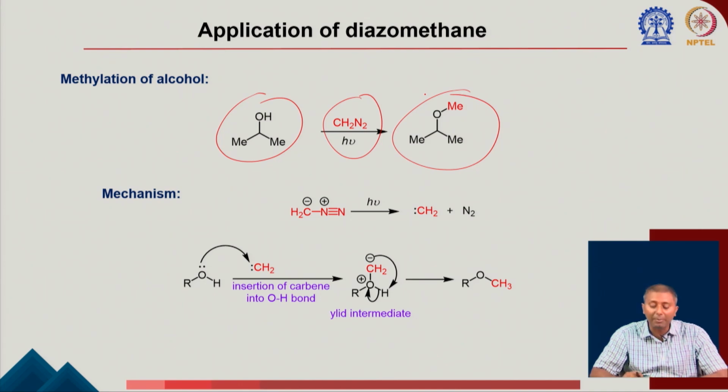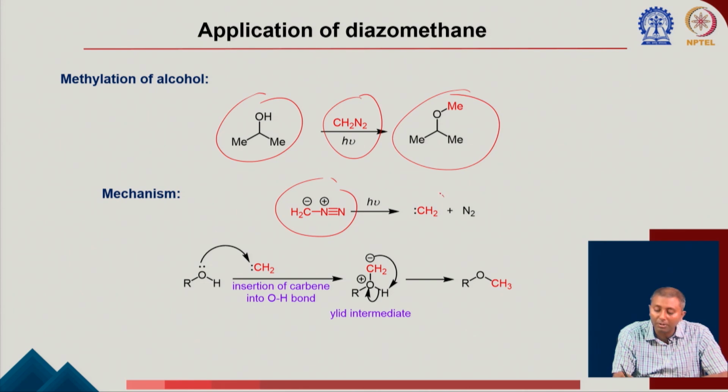Here, in place of light, in place of photolysis, this can form the corresponding carbene. Now the carbene goes for a CH insertion. I am going to discuss all these different types of reactions. Here the carbene goes for a CH insertion, where this oxygen lone pair can attack the vacant orbital of this carbene, followed by the proton being captured by the CH2 minus to form this corresponding product.